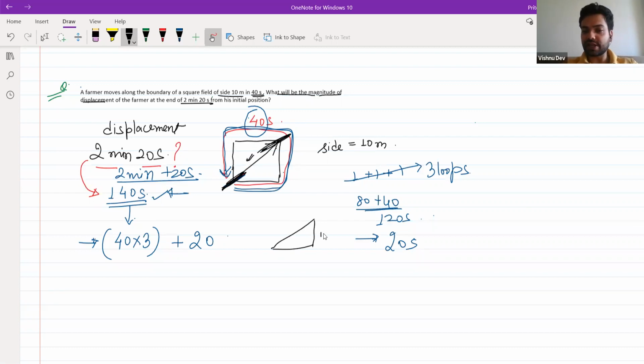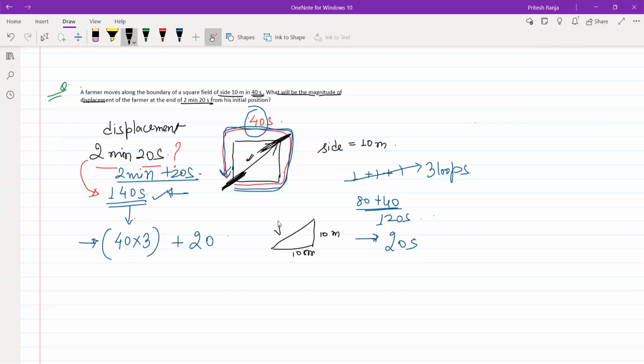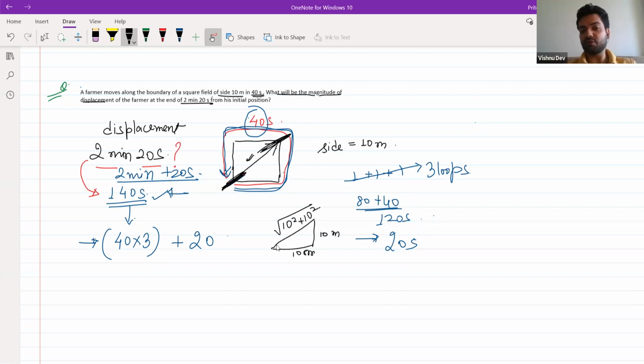We already know the sides of the square are 10 and 10 meters. So what will be the length of the diagonal? Very simple, use the Pythagoras rule: root under 10 square plus 10 square. This is how we find the hypotenuse. You will get 10 root 2.